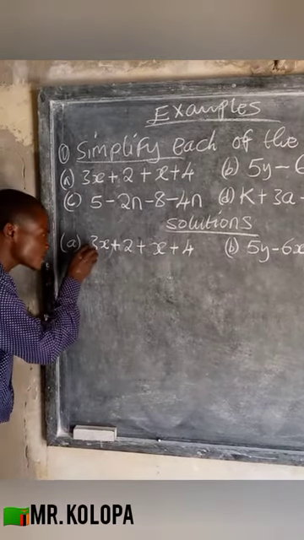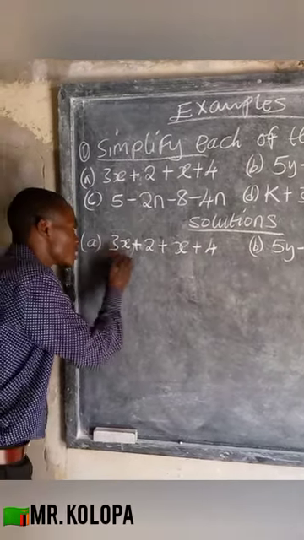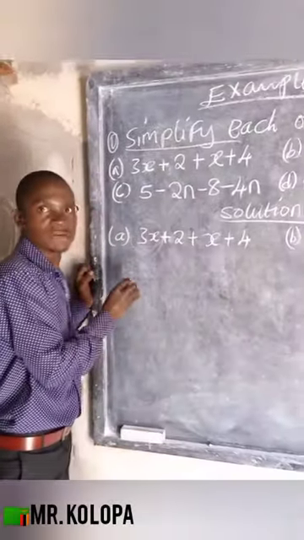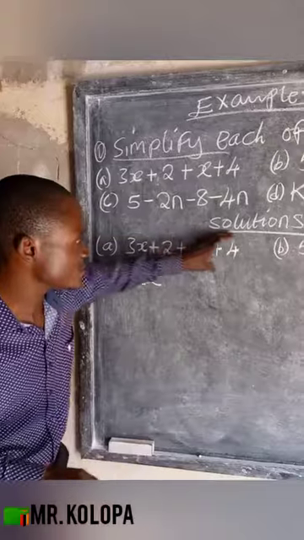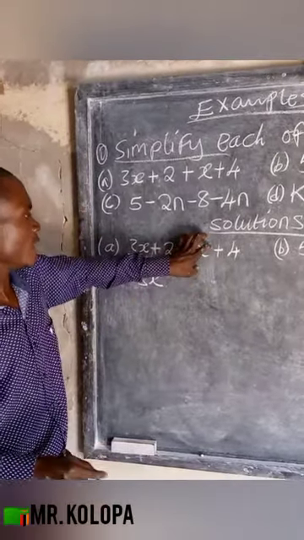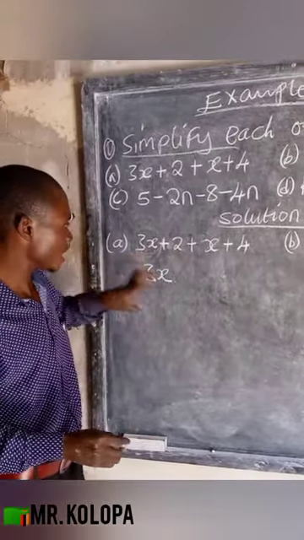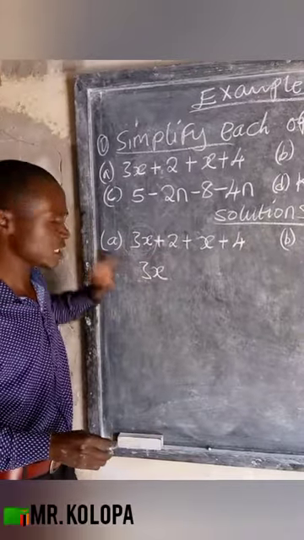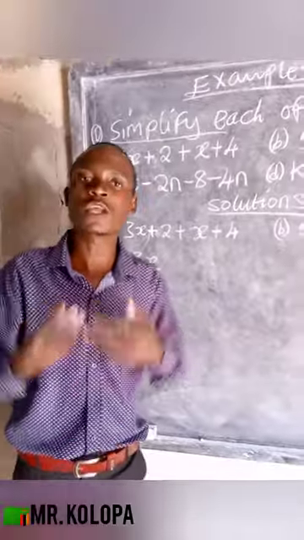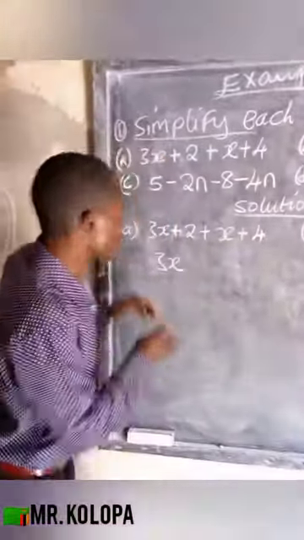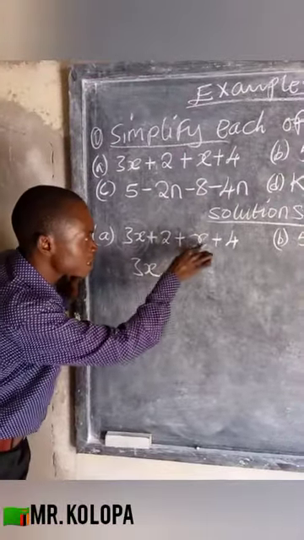So if you drop this 3x, very important, make sure that you drop the first term. So in this case, the first term is 3x. So I look at the terms that I have there. I have x. So I have to bring x closer to this 3x so that I bring them closer to each other. It means I've collected the like terms. So you look at the sign of x.